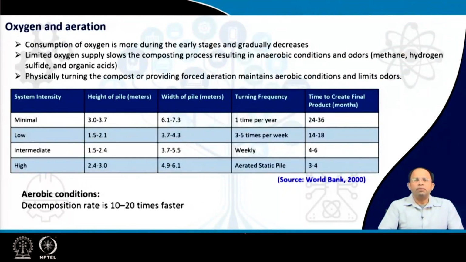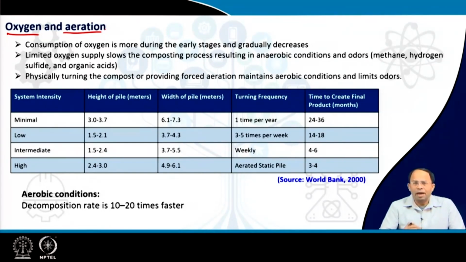So the first parameter we will talk about is of course oxygen and aeration. That means we introduce oxygen into the compost. We can do it in two ways. We either can introduce air by pushing air, or sucking air out of a compost pile. That means we introduce air from outside, or we make sure that we turn the compost at certain intervals.